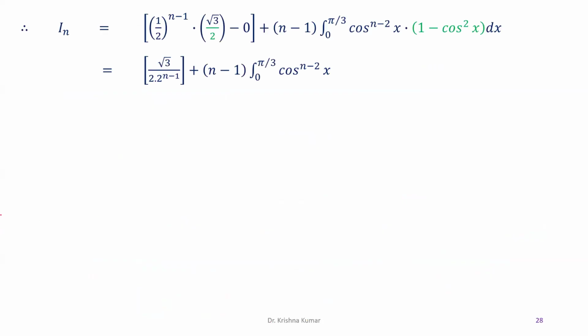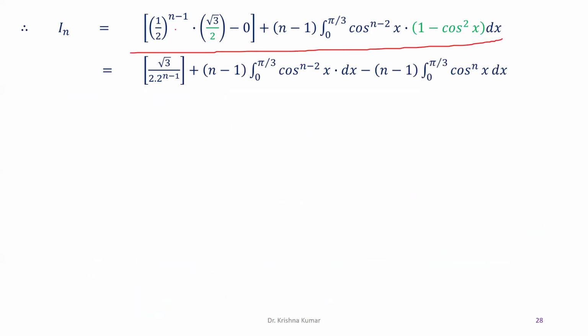Okay, so now that we have taken the same thing in the first step, now in the second step, 1 by 2 to the power n minus 1 root 3 upon 2. So we can write root 3 in the numerator and 2 to the power n minus 1 into 2. So we can write 2 into 2 to the power n minus 1. And the next part is plus n minus 1, integral 0 to pi by 3.